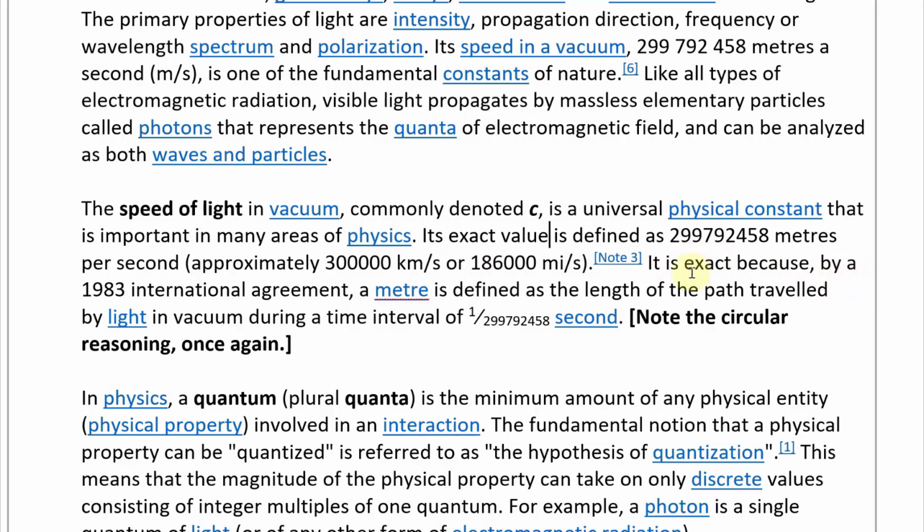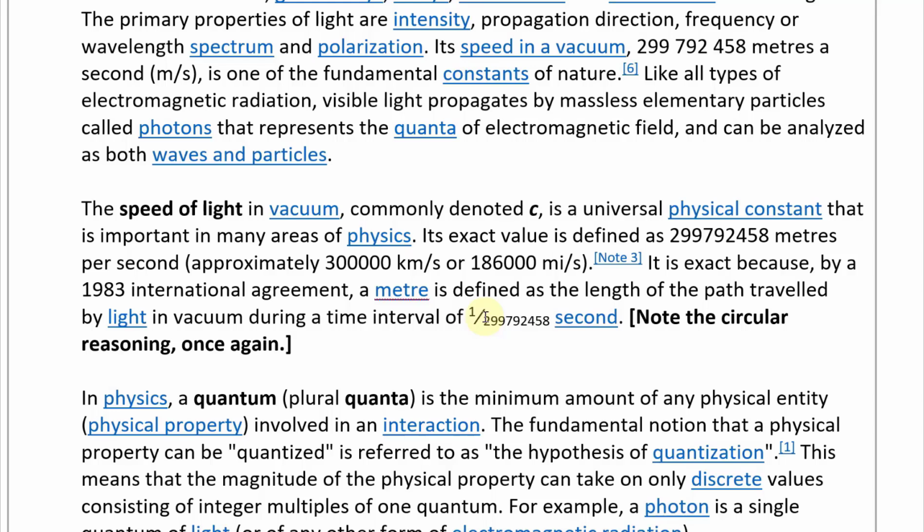It is exact because, and this is a big because, by a 1983 international agreement, a meter is defined as the length of the path traveled by light in vacuum during a time interval of 1 divided by 299,792,458 seconds. So in other words, after 1 full second, you're going to get 1 meter.